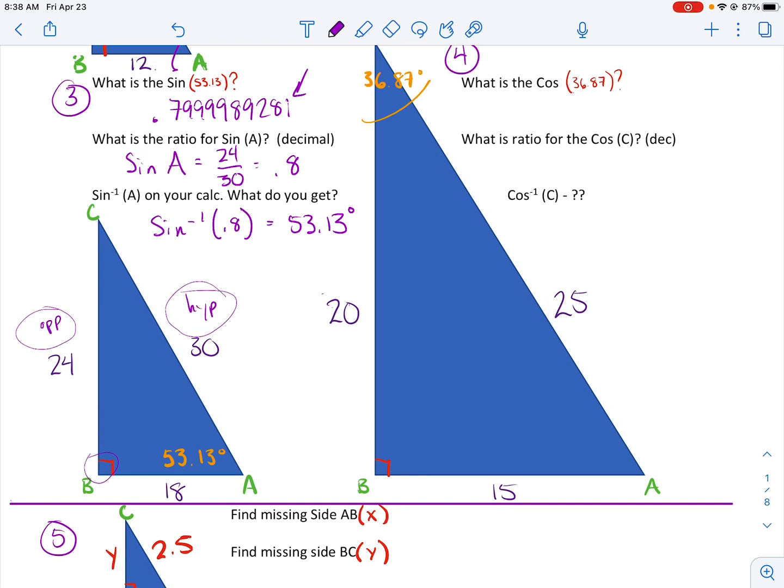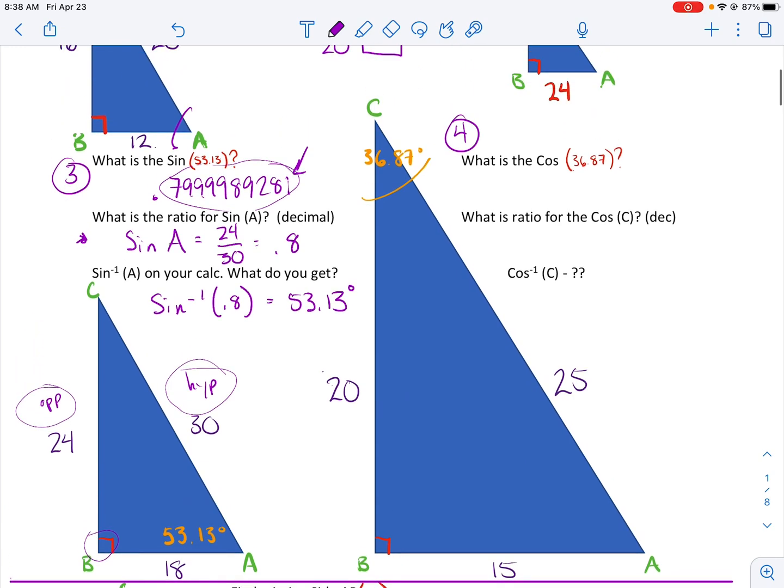Your calculator has all that saved in a table, so you can take that ratio created by the opposite and hypotenuse side, take the inverse of it, and it gives you the angle measure. If you put this in your calculator and did the inverse sine, you would get 53.13. So let's go over to number 4.